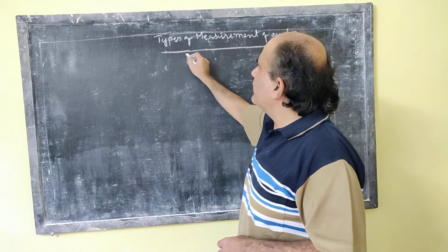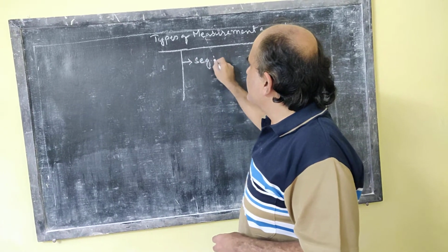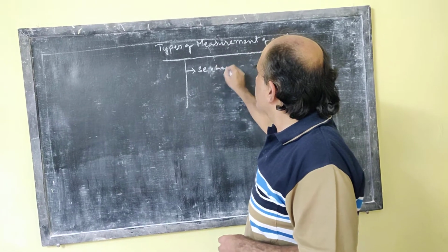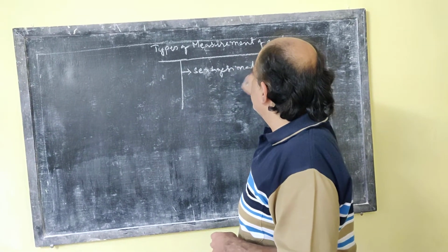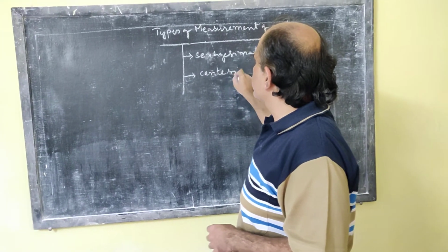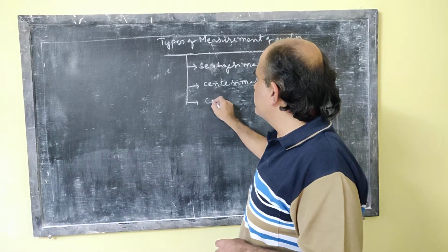There are three types of measurement. The first one is the sexagesimal. The second one is centesimal. And the next one is the circular measure.